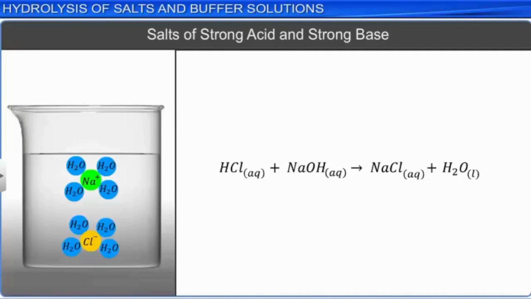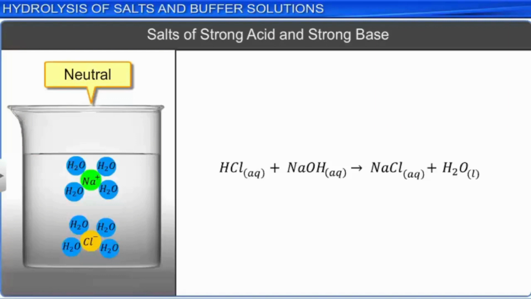Hence, they simply get hydrated but do not undergo hydrolysis. Thus, the solution remains neutral. Hence, the aqueous solution of a salt of a strong acid and a strong base is neutral, as neither the anion nor the cation undergoes hydrolysis.